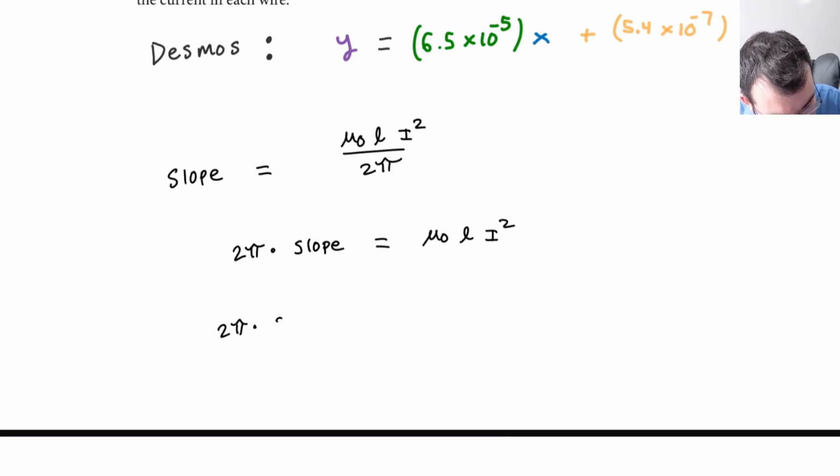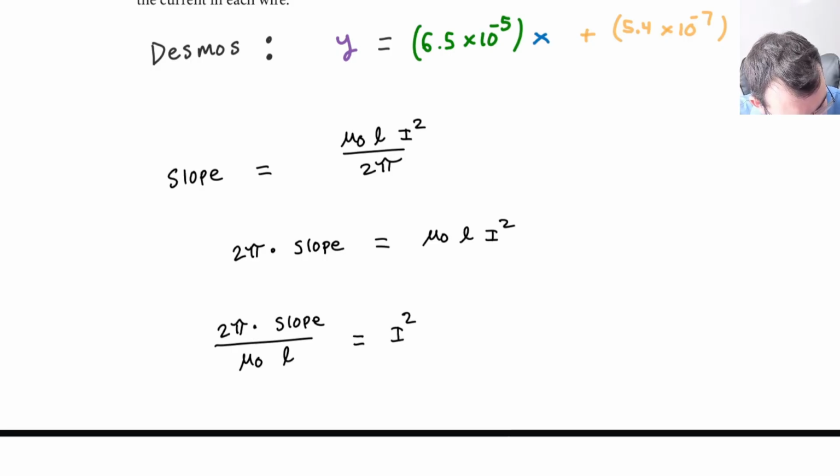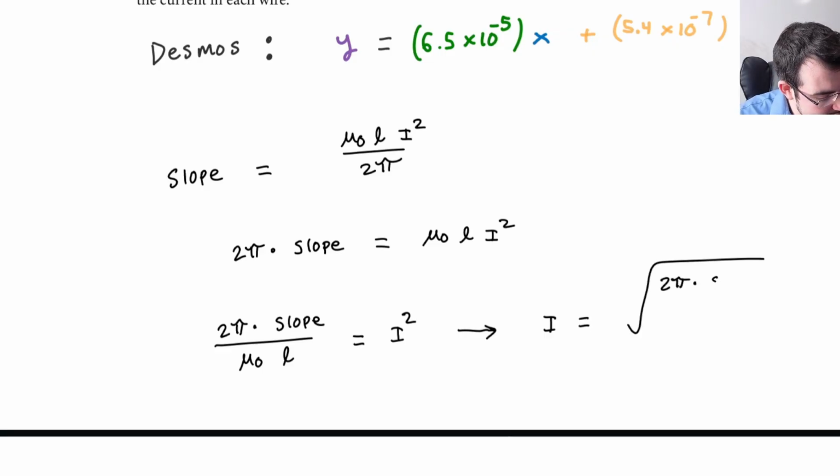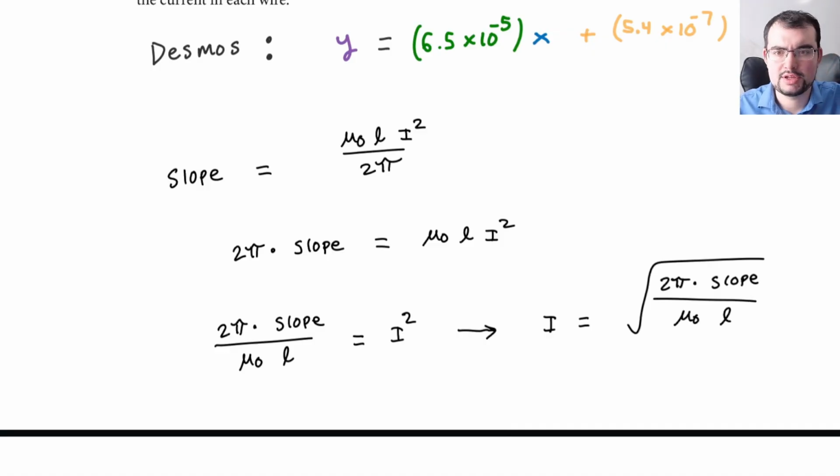So 2 pi times slope divided by mu naught L is equal to I squared. So this means that I, regular I, is equal to the square root of 2 pi times the slope divided by mu naught L. And I'll save you the trouble and say this is approximately 8.1 amps from my computation. So that's quite a lot of current.